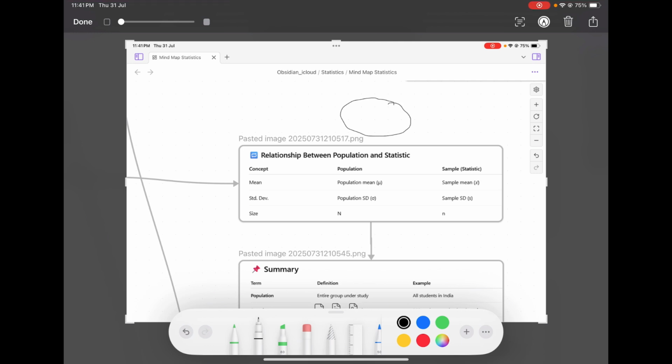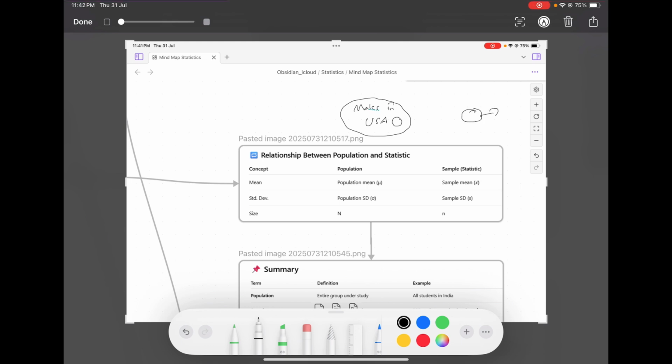Okay, that means these are the data, maybe all the males in United States. Okay, so this is some kind of a population, and a sample is, we are selecting a small sample out of this.